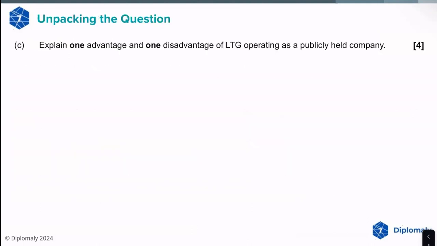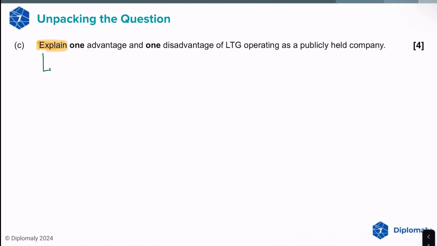Okay, so the question that I'd like to look at with you is the part C question, which is to explain one advantage and one disadvantage of LTG operating as a publicly held company. This is a 4-mark question with the command term explain.